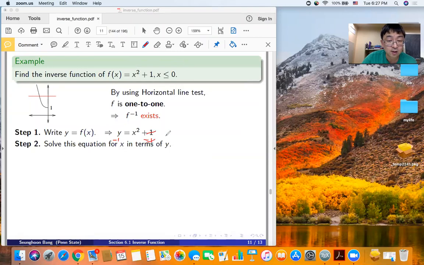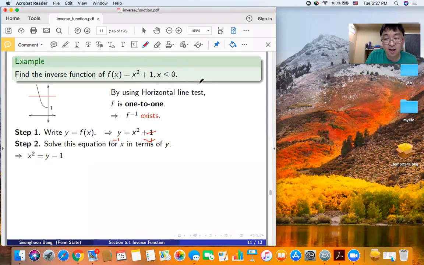The 1 is cancelled. Here, x squared equals y minus 1. Next, take the square root. What is x? From x squared equals y minus 1, the square root of y minus 1.